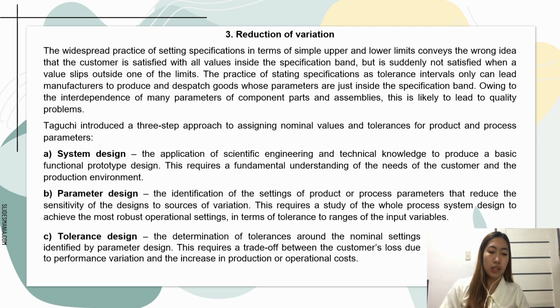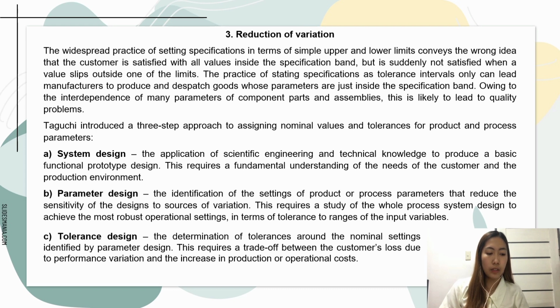So, the next method is reduction of variation. A continuous quality improvement program's goal is to reduce variation in key product performance characteristics around their target values. The common practice of defining specifications in terms of simple upper and lower limits conveys the incorrect impression that the customer is satisfied with all values within the specification band, but becomes dissatisfied when a value strays outside one of the limits.